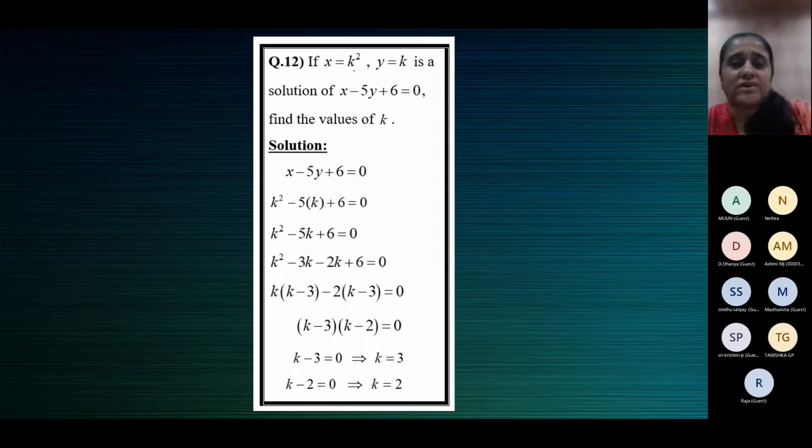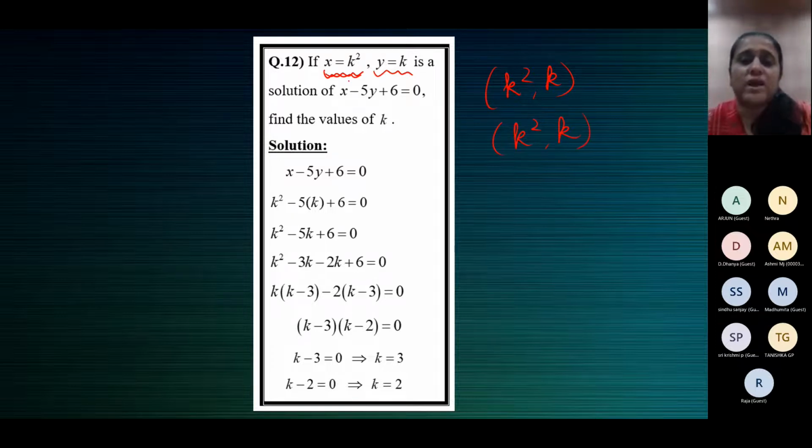Now here it's given if x is equal to k square and y is equal to k. Instead of giving k square comma k as a point like this, they've given you x is equal to k square and y is equal to k, is a solution.